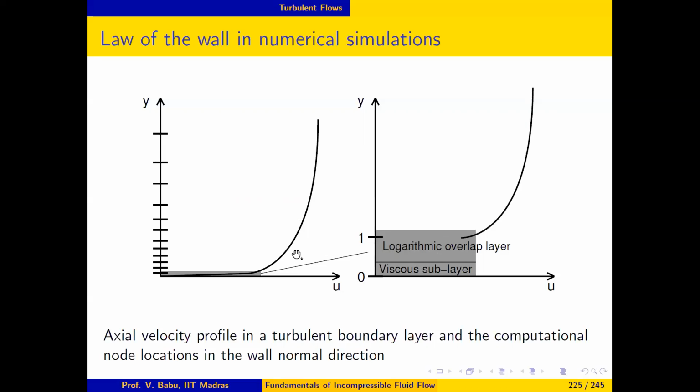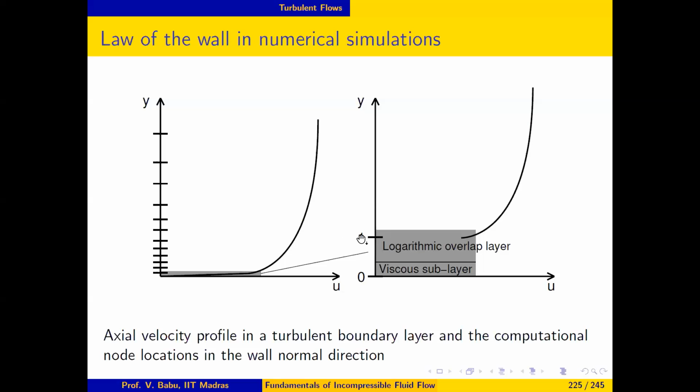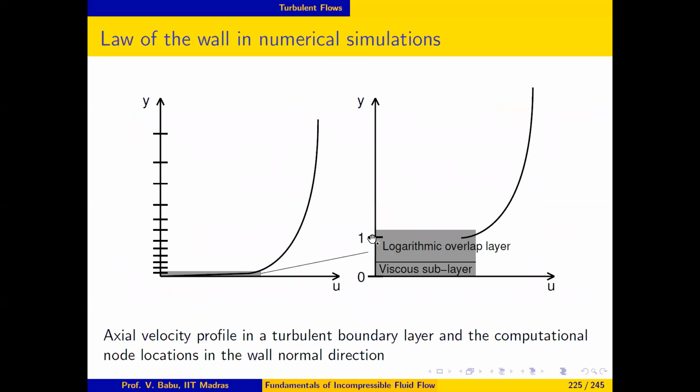In a practical implementation, there are many ways to implement this in a computer code. One way to do this is something like this. I know my y coordinate of the first node from the wall, y1, and let's say that I have a current value for the axial velocity at this node, u1. Since the y coordinate is fixed, during some intermediate level of calculation, I know the velocity at this node.